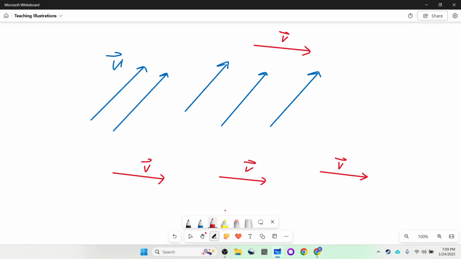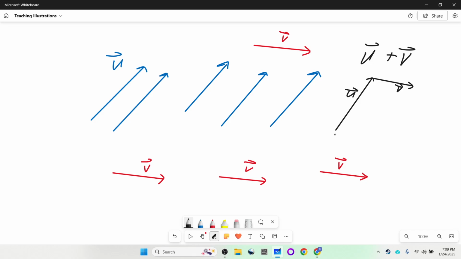So let's say I want to draw what is u plus v here. U plus v. Well, I would draw one of these u's. So this is u. Then I would go to the end of it and draw a v starting from there. So this is v.